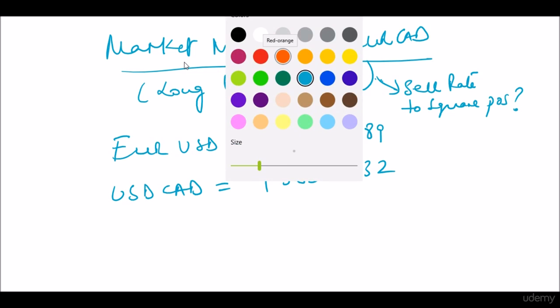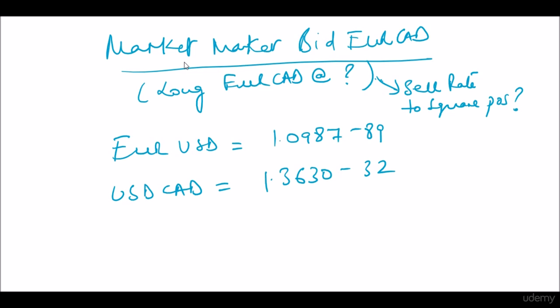However, since the price is not readily available, he would need to reconstruct the price in two steps. He would need to sell the Euro for US dollars, which we can do at the bid rate for the Euro USD, which is 1.0987.